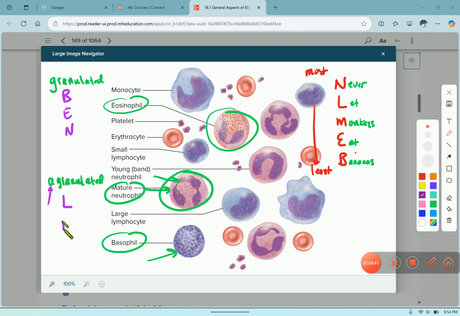So that leaves you with the lymphocyte and the monocyte. And if you take a look at the monocyte, you'll notice there's no granules. And if you take a look at the lymphocyte, you'll notice in the cytoplasm there are no granules. So therefore they are agranulated.